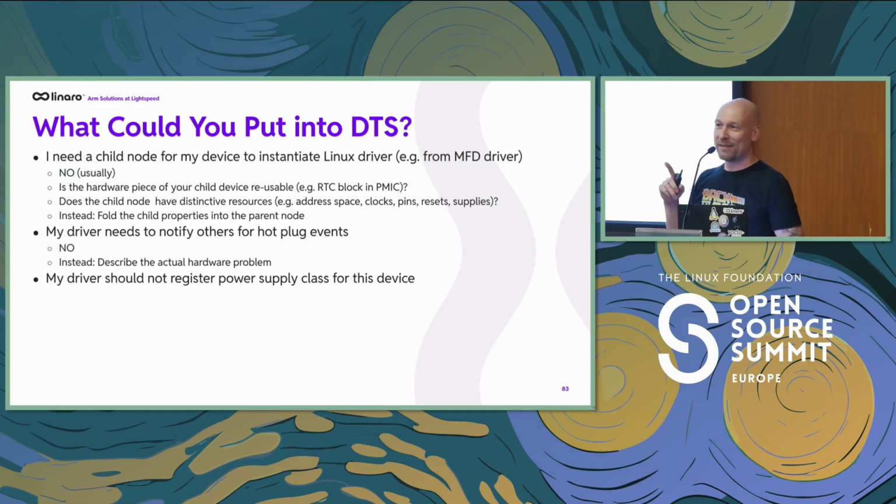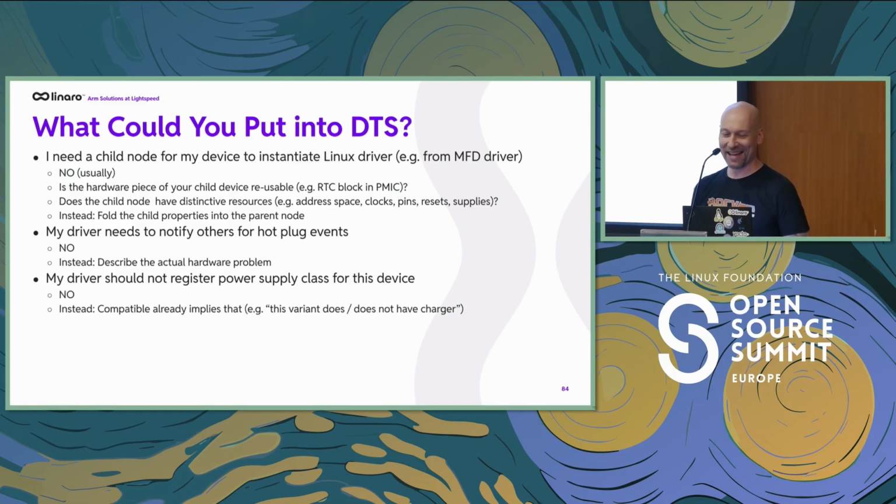So imagine that your driver needs to register a power supply, some charger stuff for this device, but not for the other device. So maybe you have two devices, right? They're compatible, right? But one comes with the charger, the other comes without a charger, and your driver should handle this, right? So can you put such information? Yeah, for this device, register the charger, the power supply. Well, you know my answer, right?